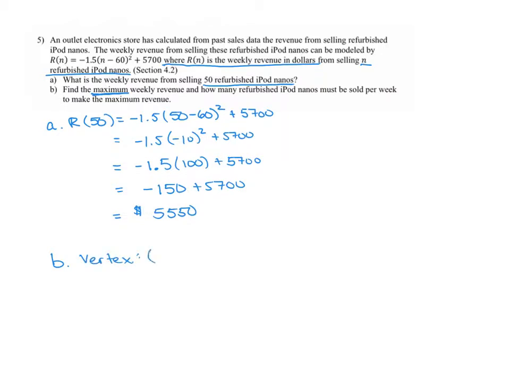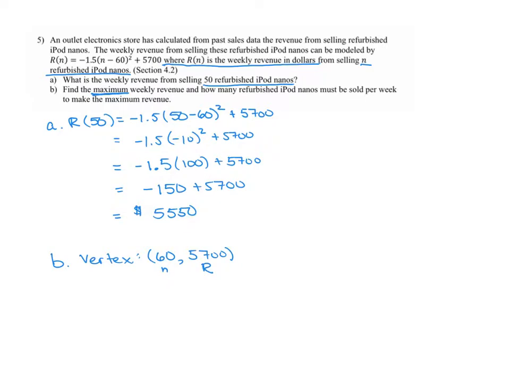Remember that since this is in vertex form, we change the sign of the first one, the inside number, and we keep the outside number. The first one is the N value. The second one is my R value.